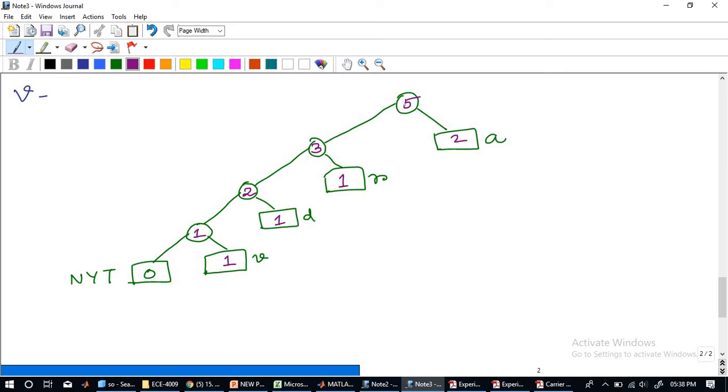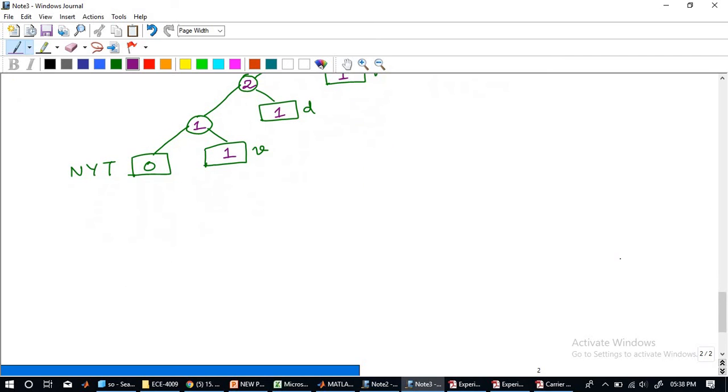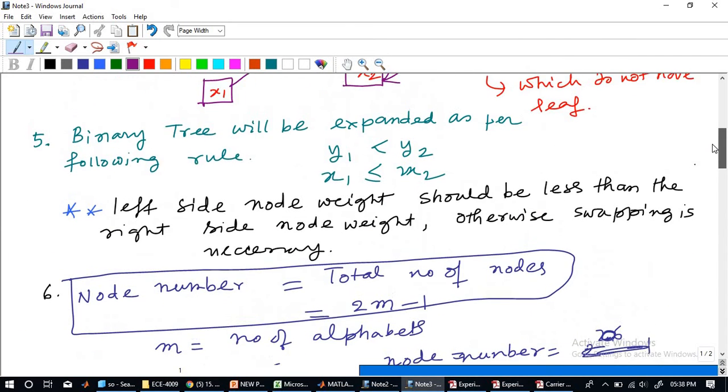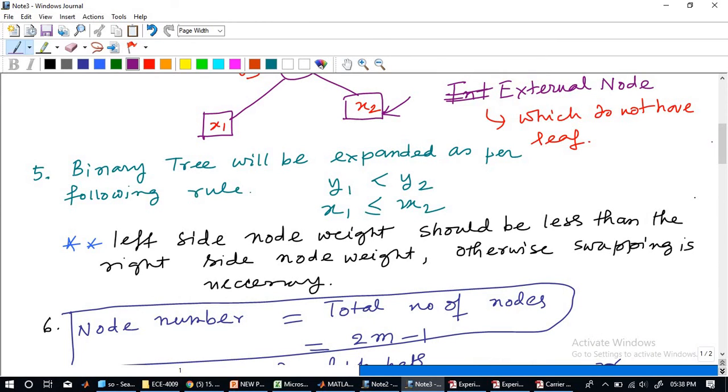Now go back to the rules. When I mentioned some rules, this rule number 5: the left side node weight should be less than the right side node weight. Otherwise, swapping is necessary.